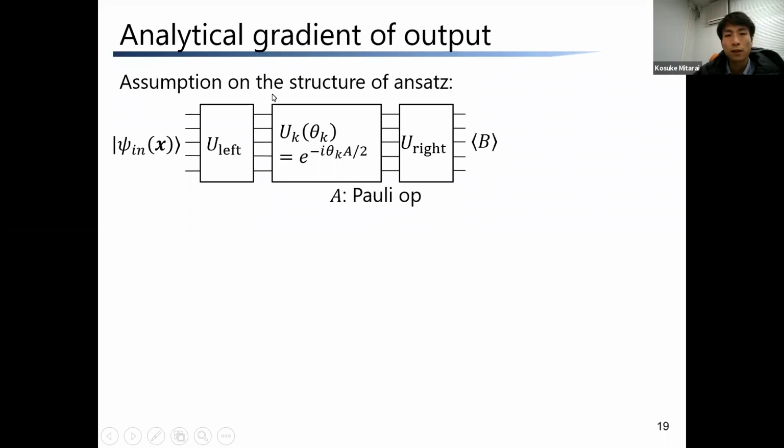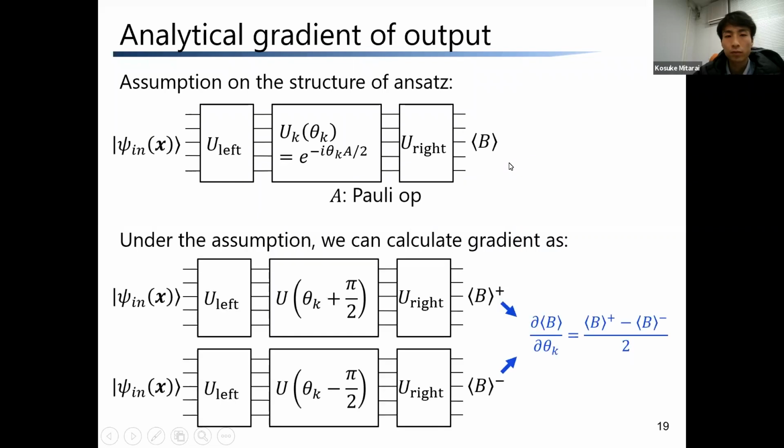We assume that the ansatz is structured like this, where any parameterized unitary is generated by some Pauli operator A, and we measure some observable B. Then this assumption allows us to calculate the gradient in this way, where we measure the expectation value of B by shifting the parameter by plus pi over 2 and minus pi over 2.